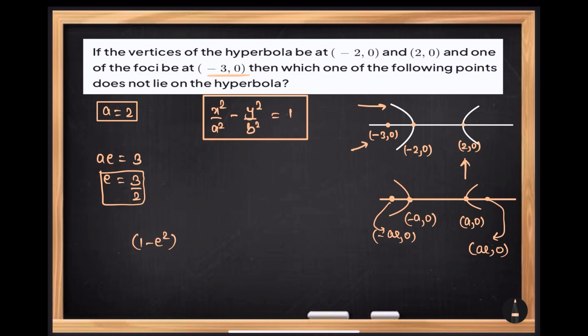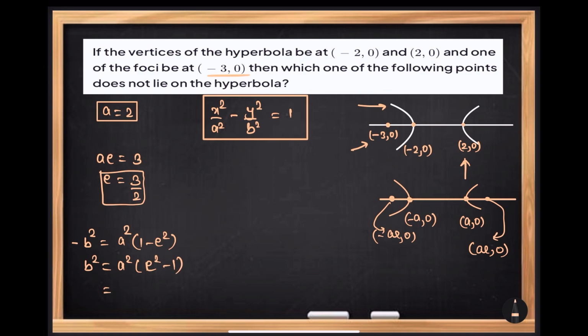It's a horizontal hyperbola, so we will take help of the horizontal ellipse in which a square is bigger, so a square will go inside, b square will stay outside. So this is the relationship of a, b and e in an ellipse. But in a hyperbola, you know that we replace b square with minus b square, correct? Can I write b square as a square into e square minus 1, meaning I have multiplied both sides by minus?